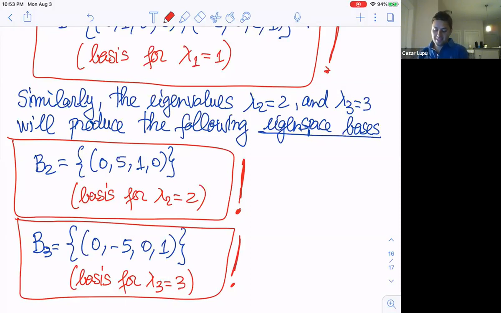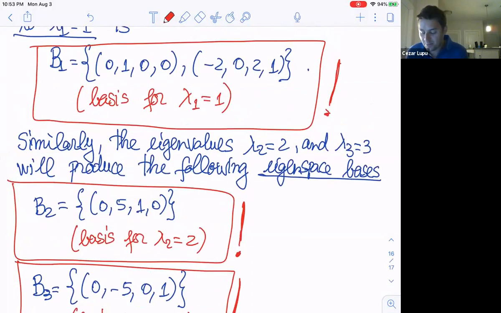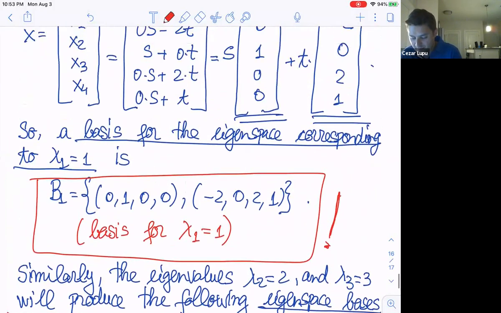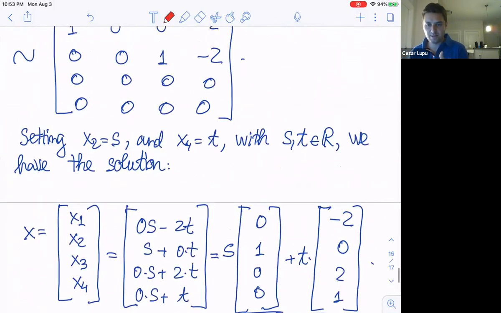Well, as you can see, this was a 4x4 matrix. We kind of went a little bit off the grid here. It's pretty involved, so I didn't do all the computations. I cut some of them.